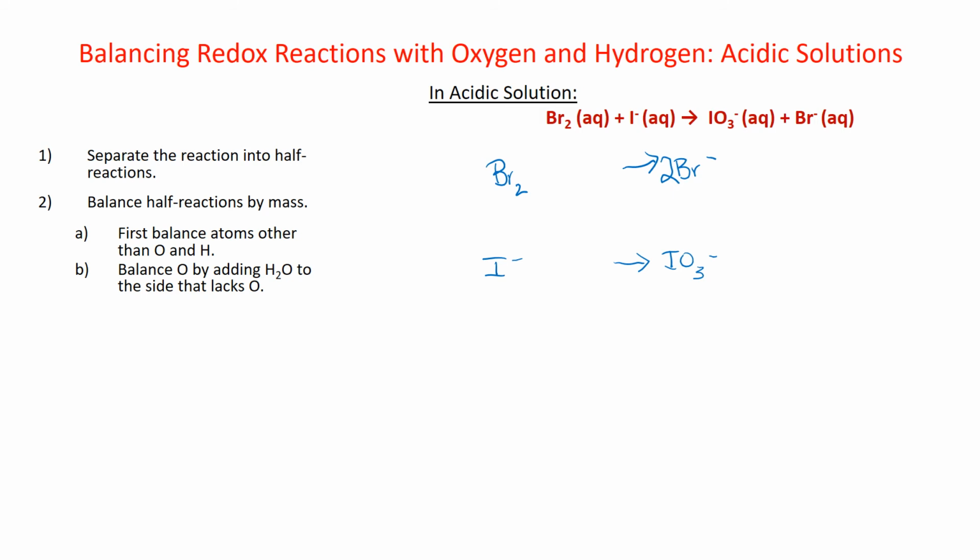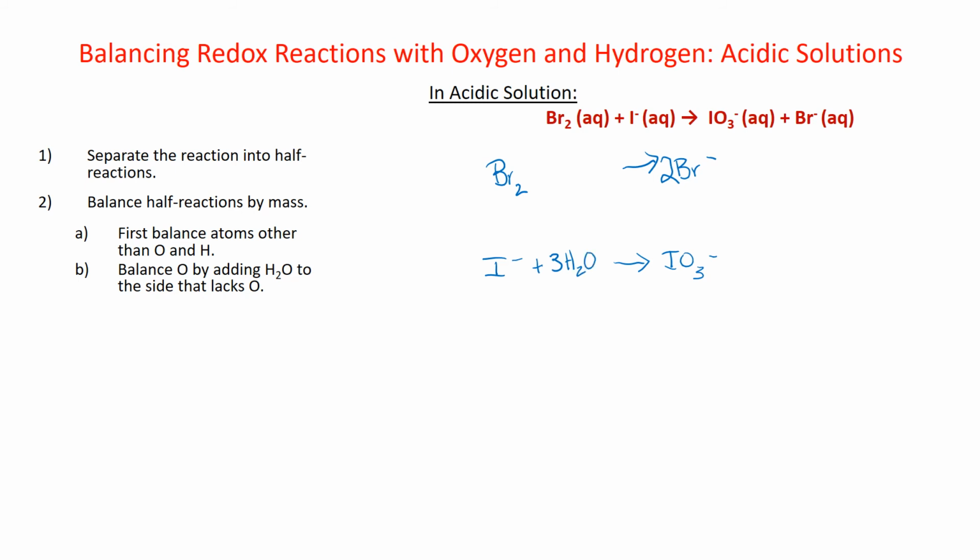We're going to balance the oxygen by adding water to the side that lacks oxygen. So I've got 3 oxygens on the right in that second half reaction. I need to add oxygen to the left-hand side. So I'm going to add 3 water molecules.